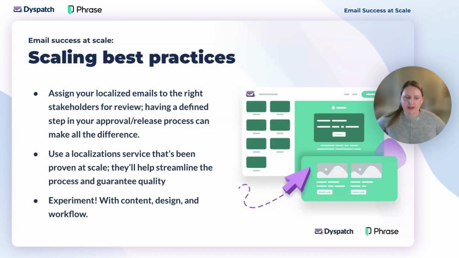And I think that making sure that we keep that excitement as we go through this repeatable process of looking at emails that we might send weekly or monthly, that monthly newsletter that might be localized across 10 locales, like, that's a lot of emails. That's a lot of content to crank out every single month. So making sure that you keep that excitement with your content and your design, and you build out a workflow that is clear and repeatable, you're going to find success in scaling.